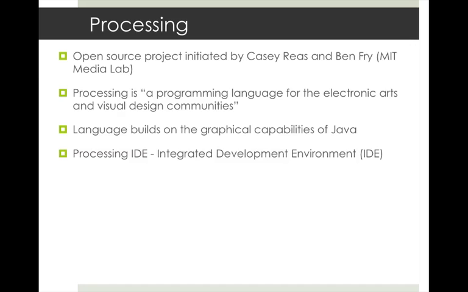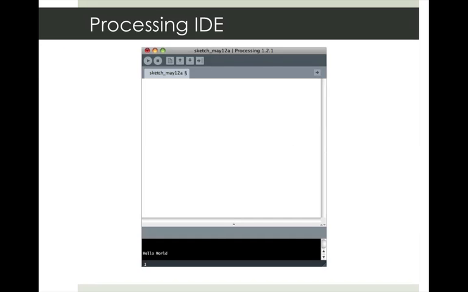It is a programming language which was developed for electronic art and visual design communities, basically for non-engineers, and it is built upon the graphical capabilities of Java. Processing also has its own IDE, which is Integrated Development Environment, and which is very similar to Arduino.